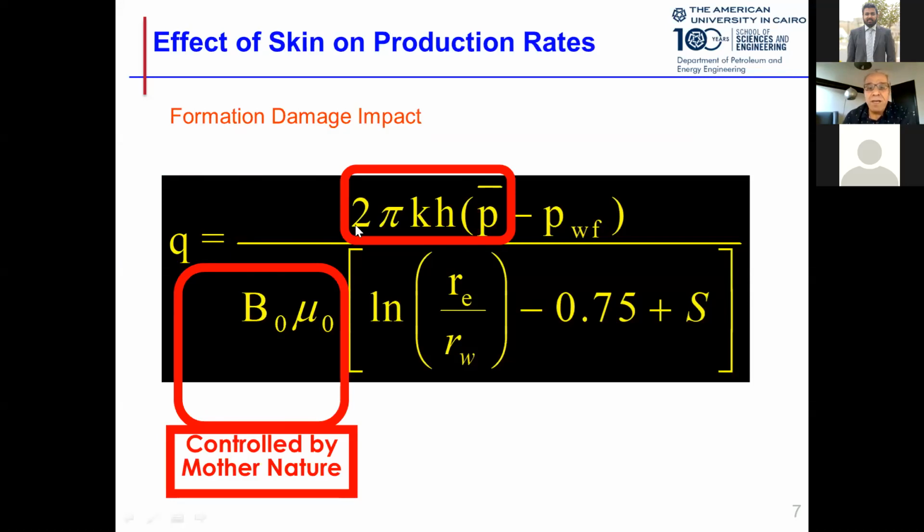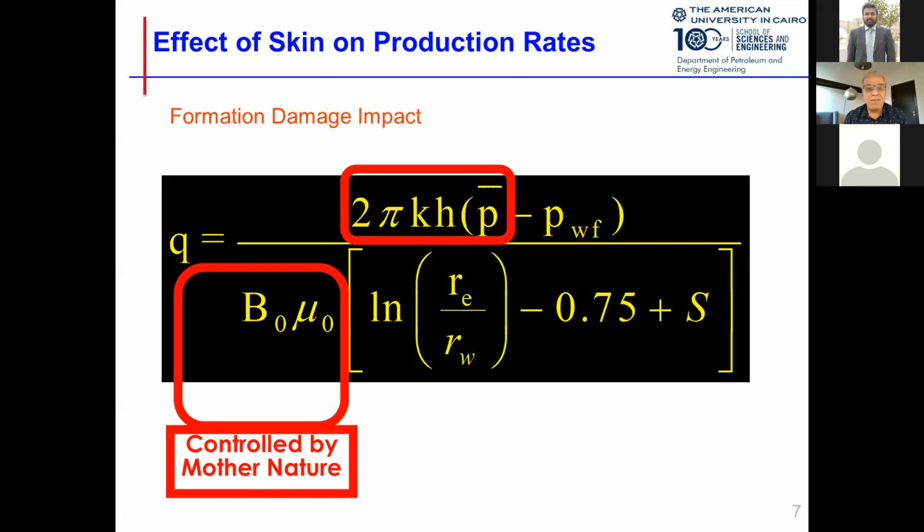In the numerator we have K, the permeability of the reservoir, h, the thickness of the reservoir, and P bar, the average reservoir pressure. These variables we cannot control. And in the denominator, in the red square, we have the oil formation volume factor, B sub o, and the viscosity of oil.